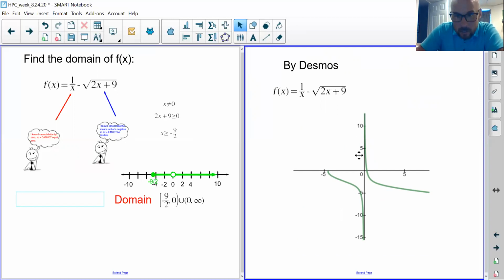And also notice this asymptote. This is what it looks like graphically when you try to divide by 0. It is discontinuous. There's a break right here because we cannot divide by 0. So this portion of the graph is accounted for by this section, 1 divided by x. So the domain is everything from negative 4.5 to 0, all these x values, and then also all the x values past 0.